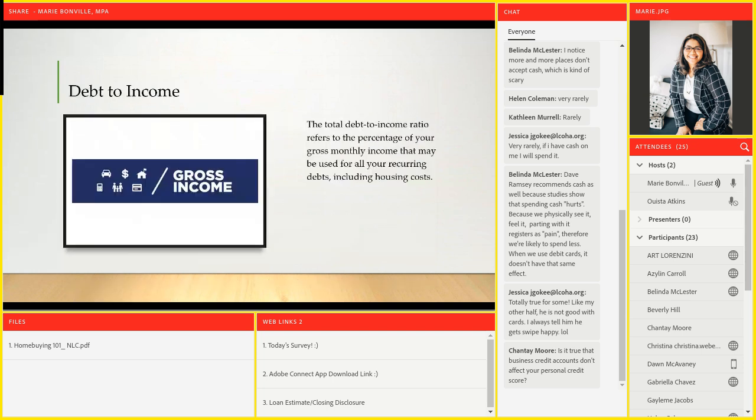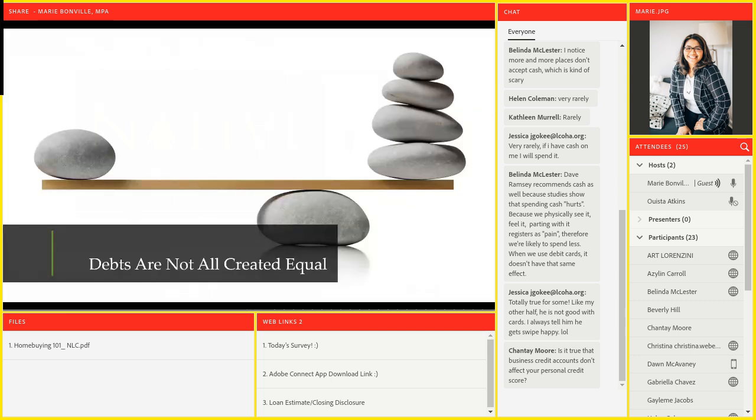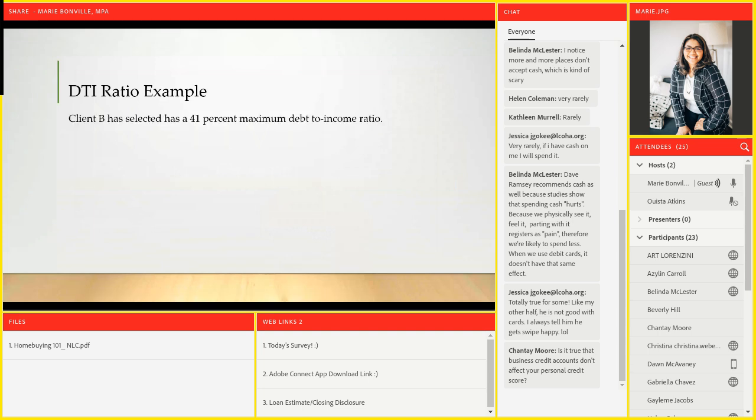The other element, and we talked a little bit about debt to income before, is that debt to income is not all the debts. A lot of folks think it's your cell phone bill and all the bills that you have. In the case of debt to income, it's just what's being reported on your credit report. That's what the banks look at.